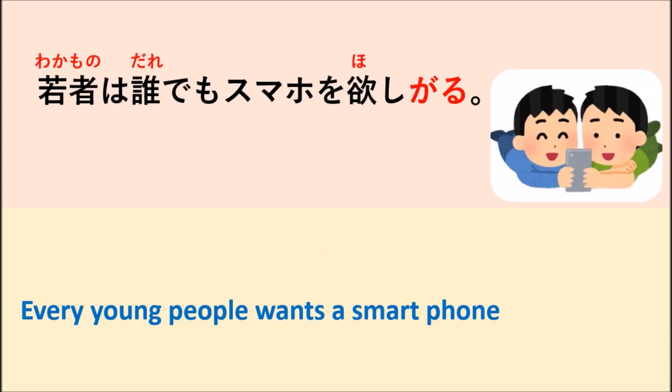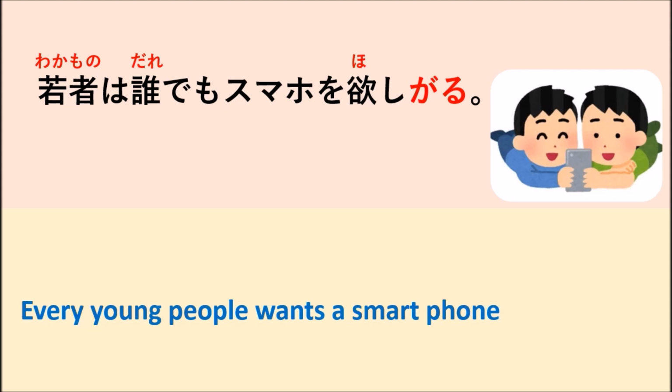Here we have an example like this. In this example, they say: wakamono wa dare demo sumaho o hoshigaru. It means that every young person wants a smartphone.